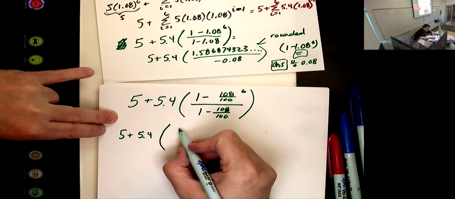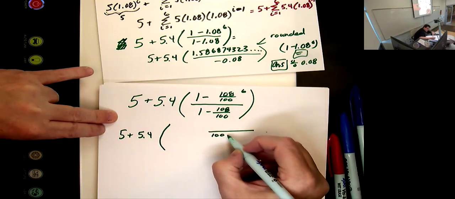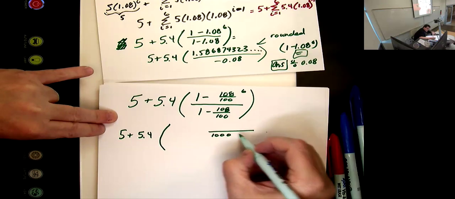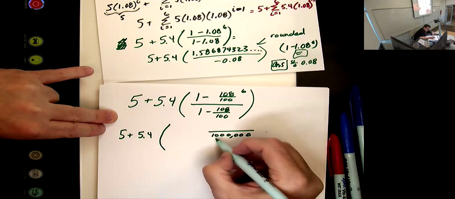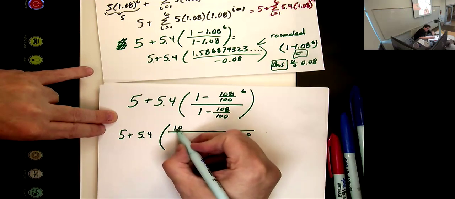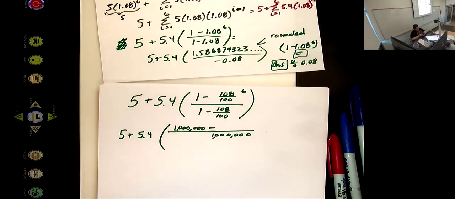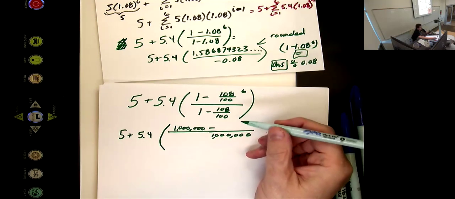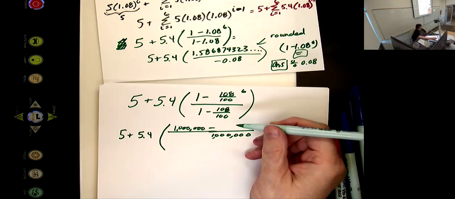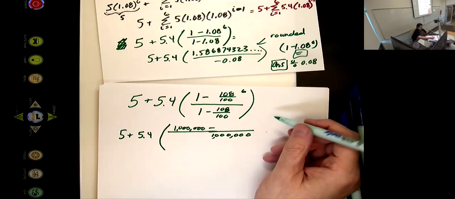So this is going to be 6 zeros. We'll have 1,000,000, so my top part is going to be 1,000,000 minus 108 to the 6th power. 100 to the 6th power, that's a lot more zeros.